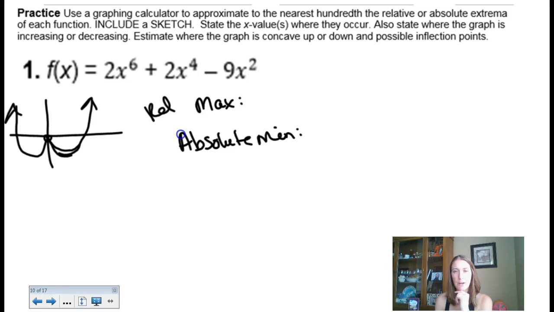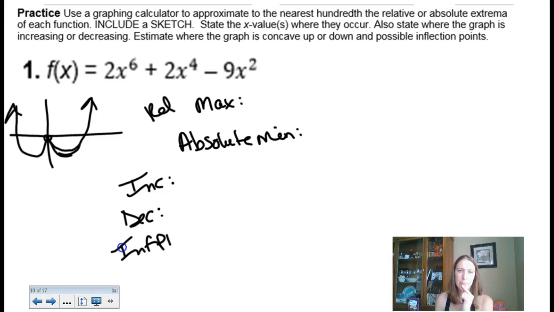It is possible to have one relative and one absolute, so just keep that in mind. We're going to figure out where this function is increasing, where it's decreasing. I would like you to find the inflection points, I should say, and then concave up and concave down.